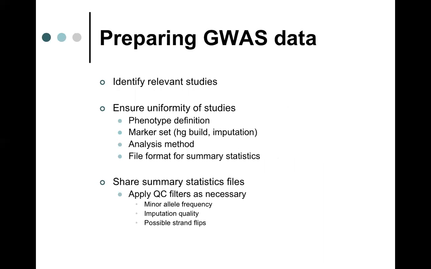The first, simplest step is making sure you've identified the relevant set of studies for your phenotype of interest, have those ready to go, and have the data shared from those different cohorts. But also the key feature is making sure that you've got clean, uniform data to work on. This means making sure you've got phenotypes that are defined equivalently.